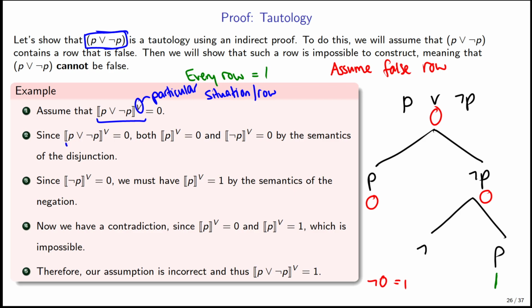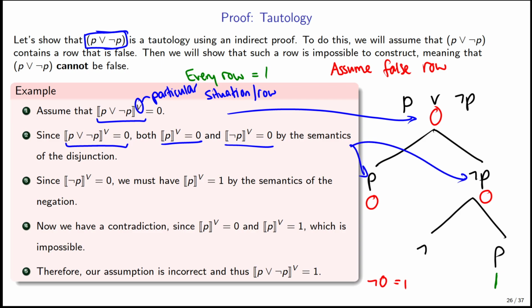Now, since P or not P is false, so this was the first line here. This one shows us that first step. Since P or not P is false, we know that P is false and not P is false by the semantics of the disjunction. So this gives us this second tier in our truth tree.